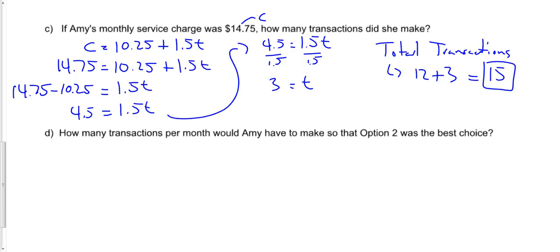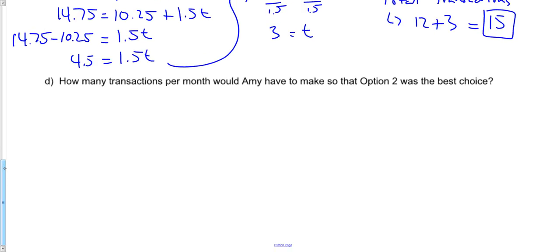So the last question says, how many transactions per month would Amy have to make so that option 2 was the best choice? Okay. So option 2 costs $25 per month. If we want to figure out how many transactions she would have to make to have her cost be $25 or more with option 1, let's substitute $25 in for that.